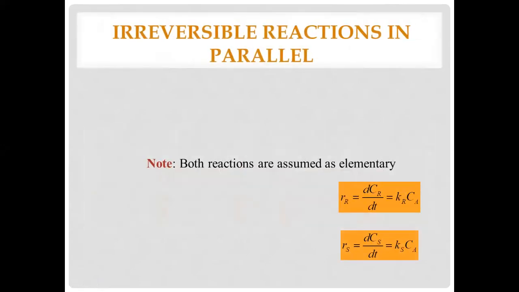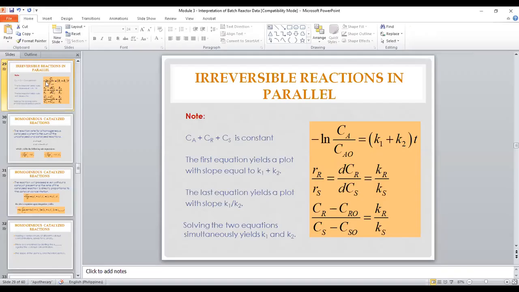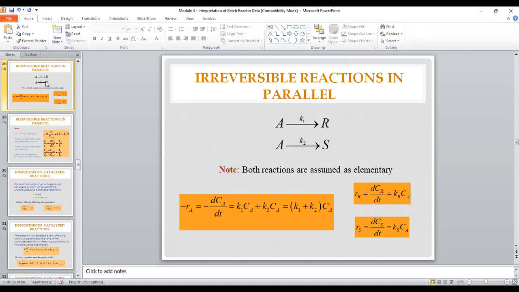Now, the first of these multiple reactions would be the irreversible reaction, which is said to be parallel. Okay, so for these irreversible reactions in parallel, when we set up the net rate equation for the 2 reactions that are simultaneously happening, we are to assume that those reactions are elementary.